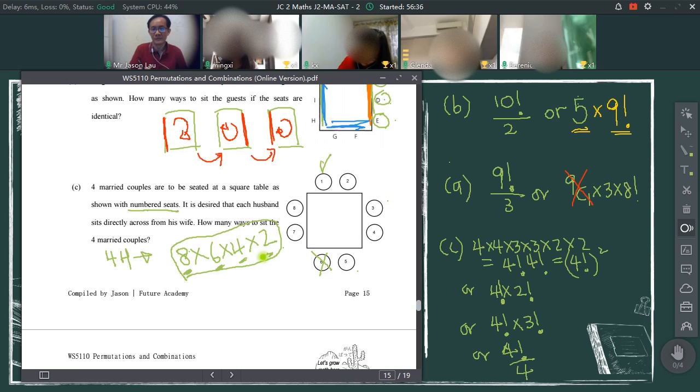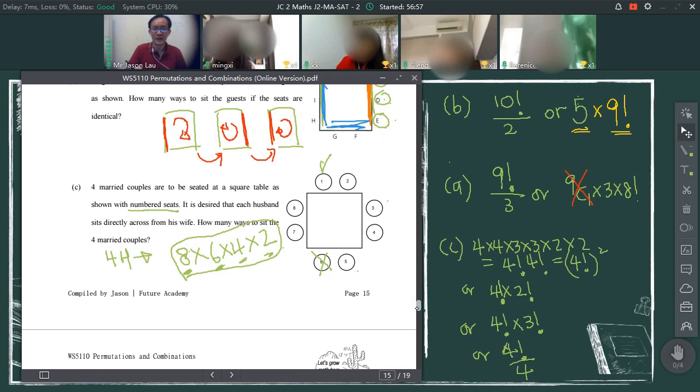You don't need to times 2, because the 8 already accounted for all the swapping and the different scenarios. Is it okay so far?